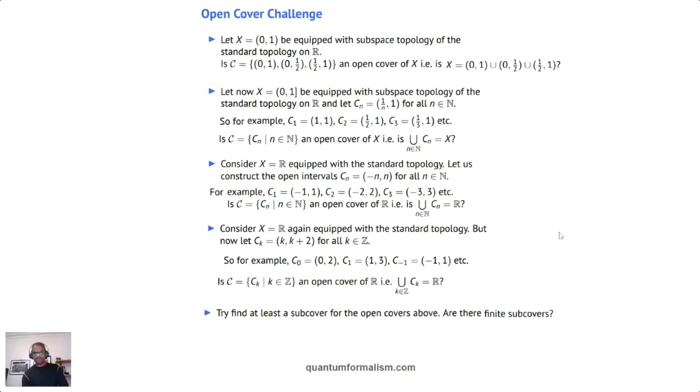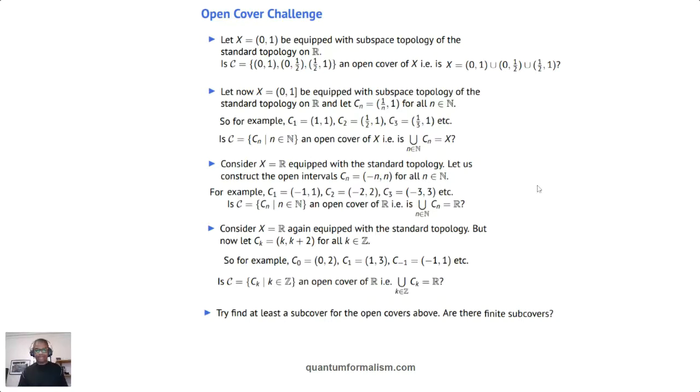So the same thing here. This is a challenge for you. I hope I didn't make any typo or anything, but if you can find one, or some, correct me, that's fine. And another thing I want you to do: obviously, I'm asking the question whether these are covers. So the question also is, can you find at least a subcover of the ones that are open covers?